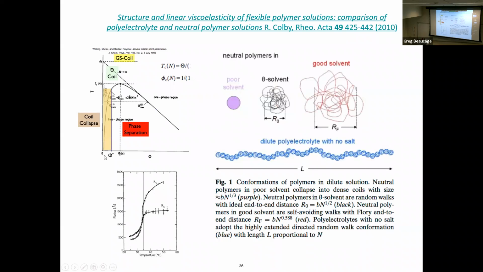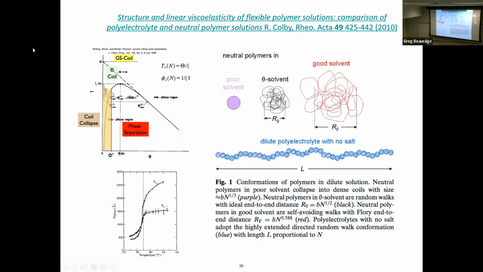You have to be below C star, so the coils are independent of each other. If you're above C star or phi star or rho star, then the coils will meet each other and form a separate phase. The denser phase will drop to the bottom. That's normal phase separation.